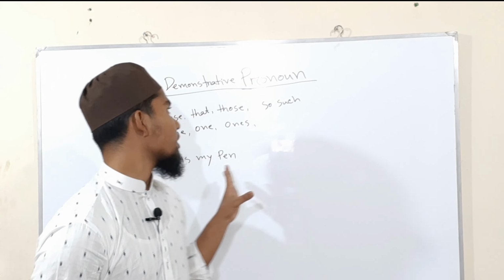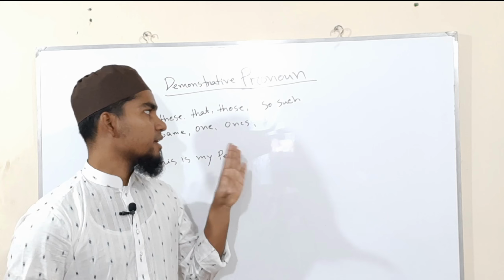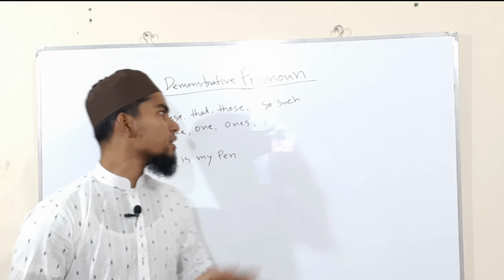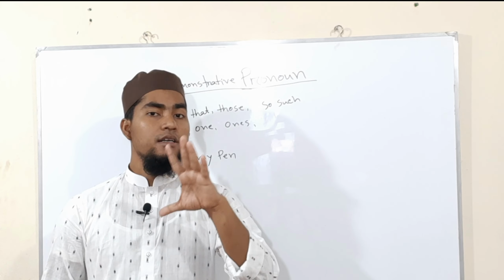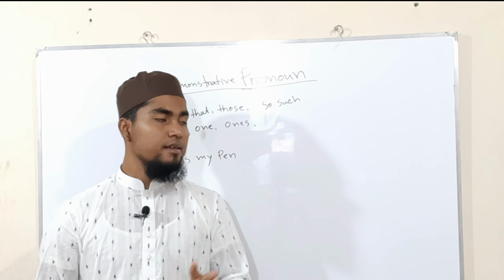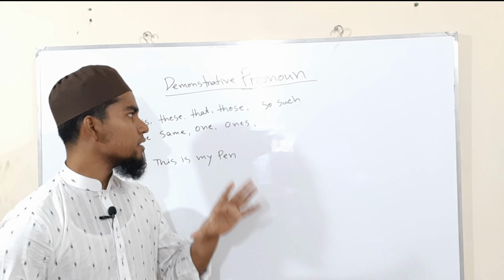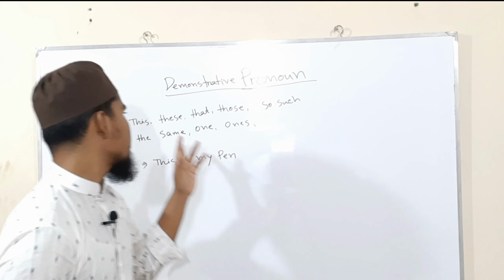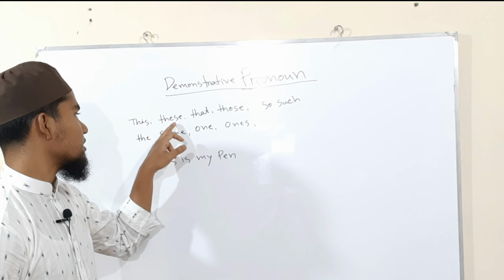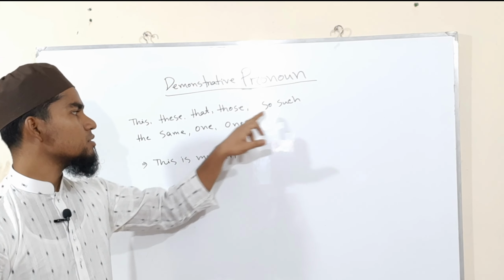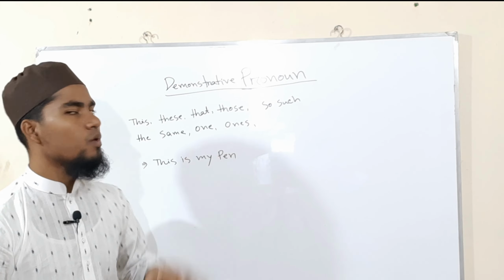Demonstrative pronoun is a pronoun which indicates a noun in a sentence, but this demonstrative pronoun can be used at the beginning of the sentence and it can be used in the middle part of a sentence. So these are called demonstrative pronouns: this, these, that, those, so, such, the same, one, once.